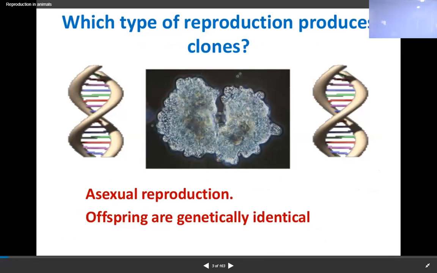As only single parent is involved, genetic stability is maintained, right? Next generation में जो भी offspring होता है, it is genetically similar to the pre-existing one, or we can say of previous generation, that means parents, right?